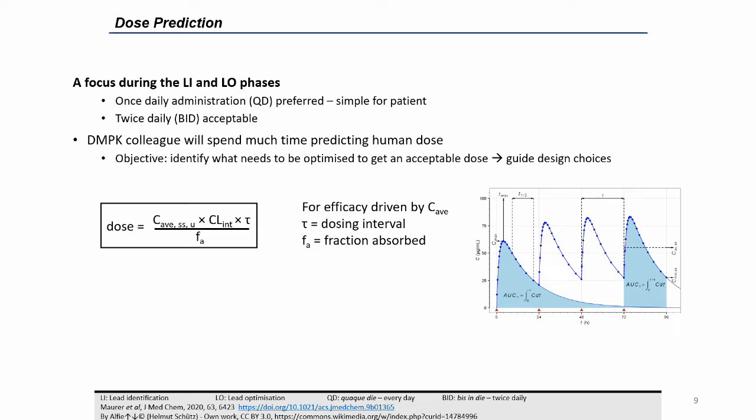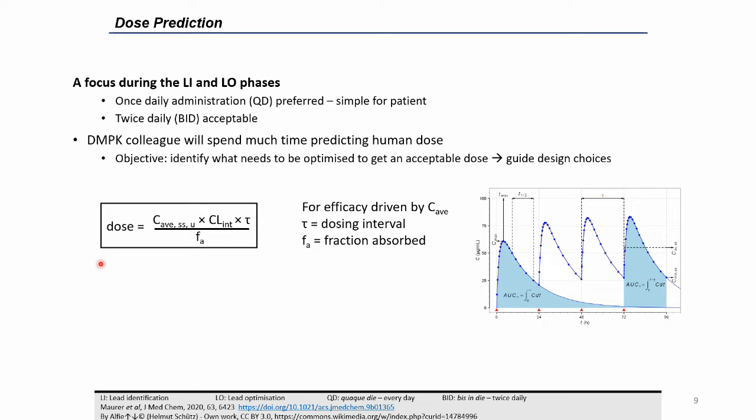So the principles of this apply whatever means of measuring potency you're using. For the example I'll give here, I'll assume that you're working with average potency, so the average potency over your dosing interval. It could be that you're working with the maximum or the minimum, but in general the principles remain the same.